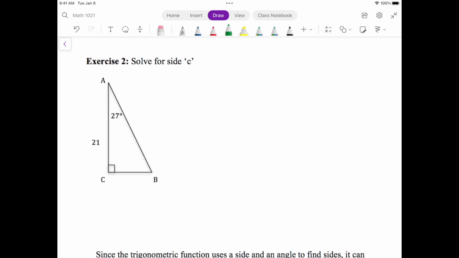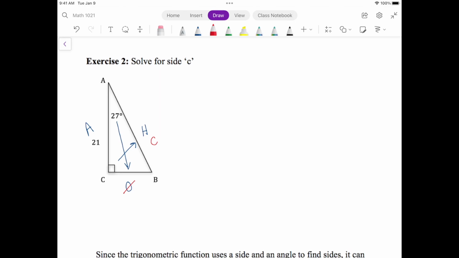Okay, our first step is to label the sides. So this side is going to be my hypotenuse. This side is opposite, and this side is adjacent. And I am looking for side C, which is this side here. So I don't really care about the opposite side. I'm not given any information about it, and I'm not looking for it.